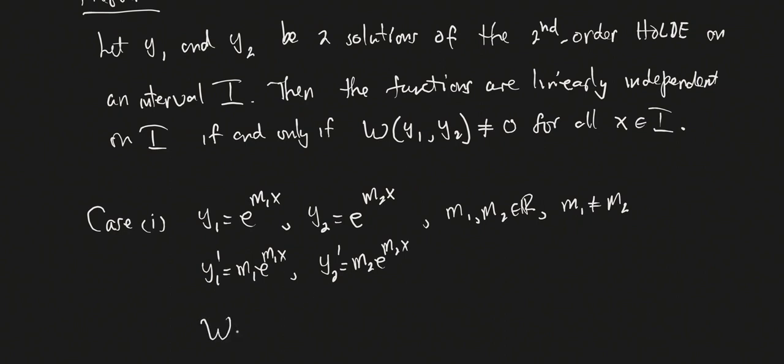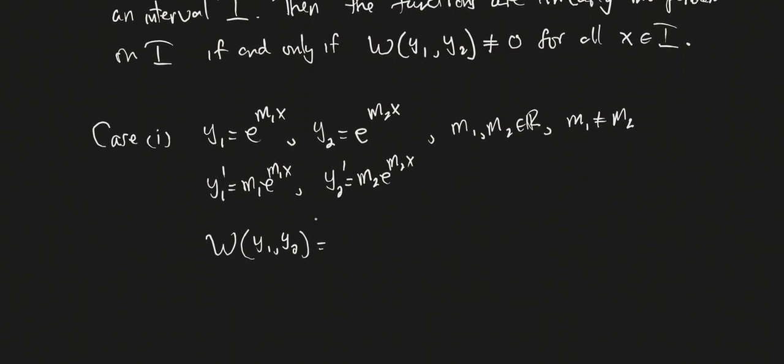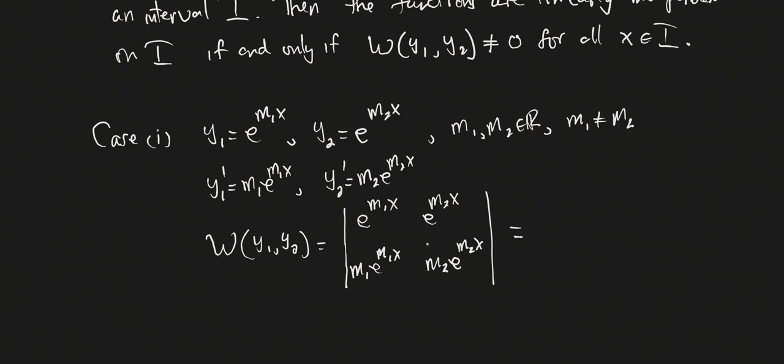So the Wronskian for this y1 and this y2, we could use the vertical bars for a determinant, which I will use. It's the determinant of e to the m1x, e to the m2x, and then m1 e to the m1x, and m2 e to the m2x. Using our 2 by 2 formula for the determinant, we'll have the product of these two.